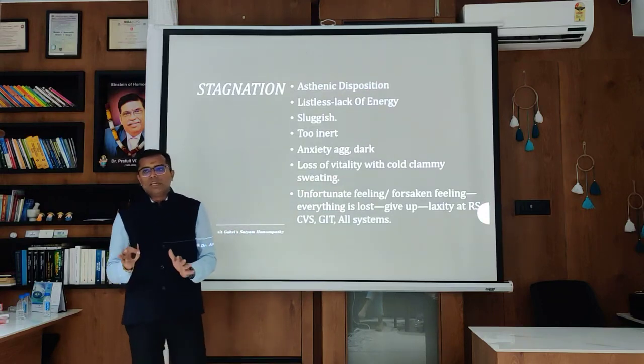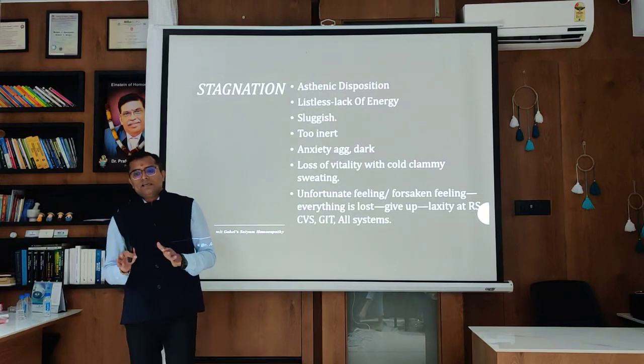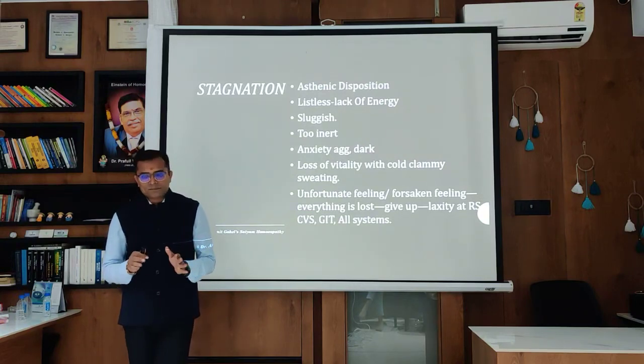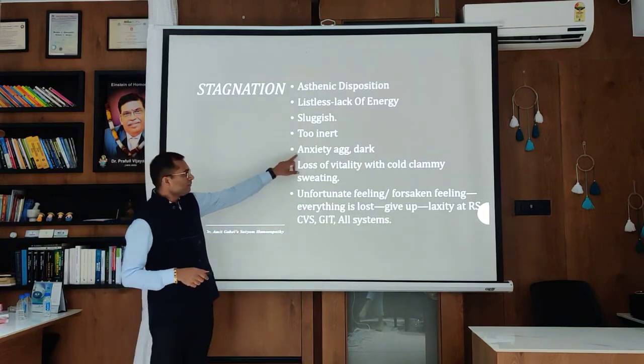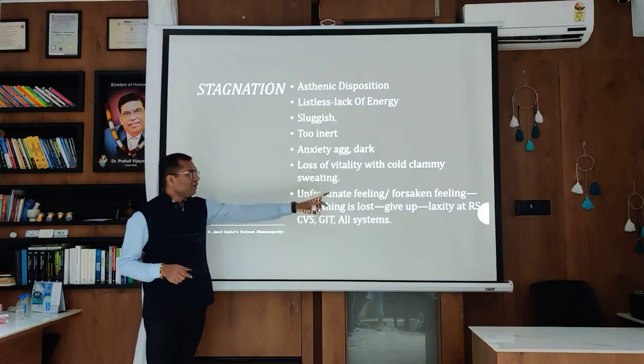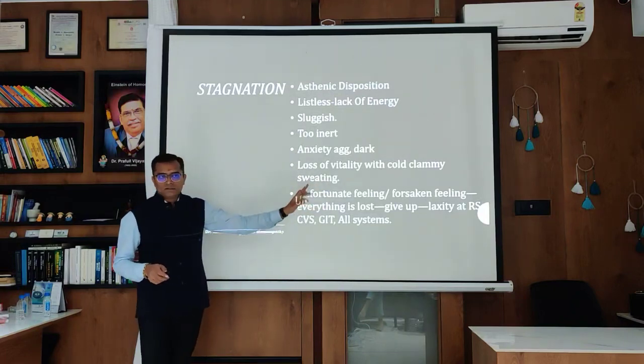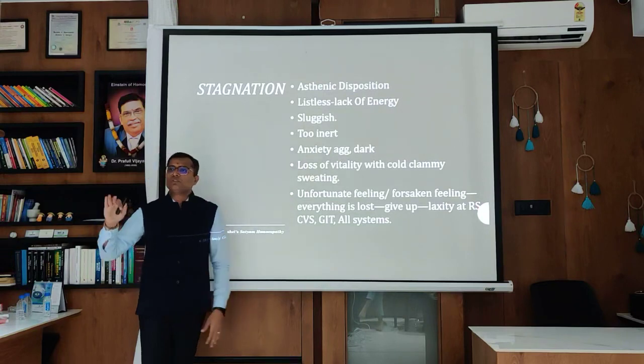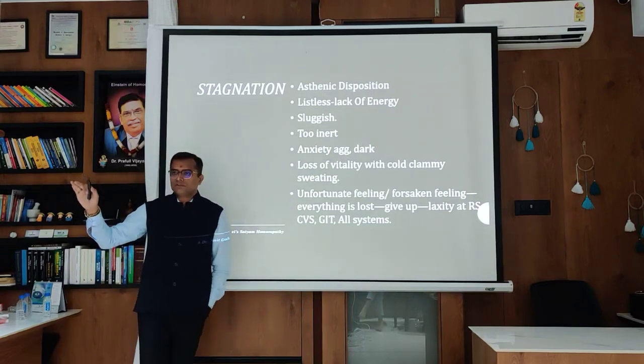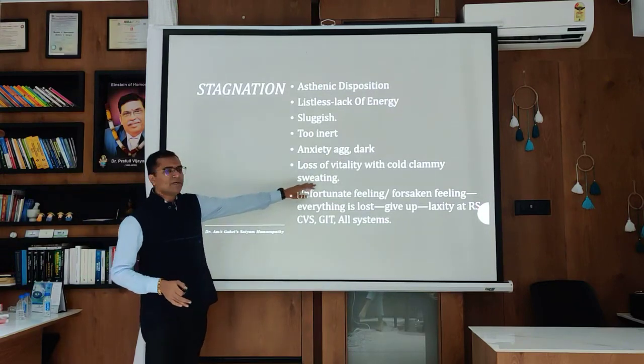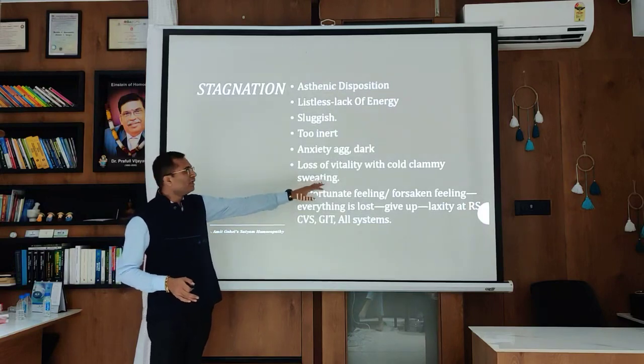Sluggishness, too inert. Anxiety, aggravated in the dark. This is a psoric stage. Loss of vitality with cold, clammy sweat. Vitality means the person goes into a state of deterioration along with concomitant physical symptoms: cold, clammy, sweating.